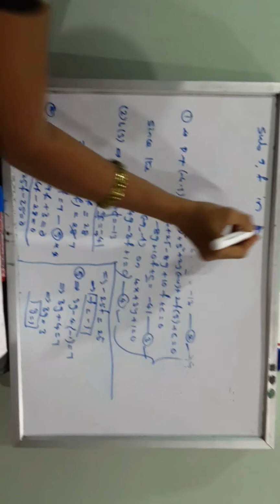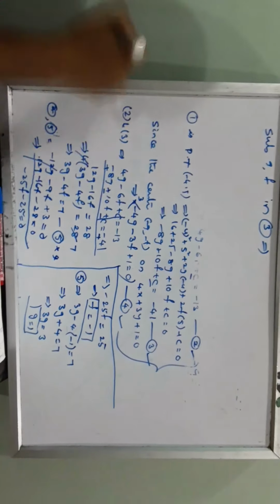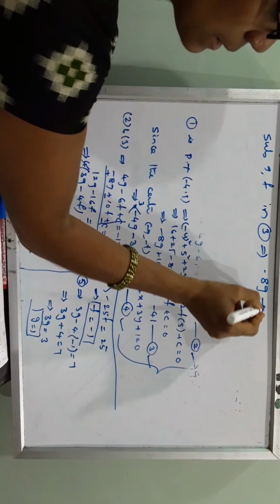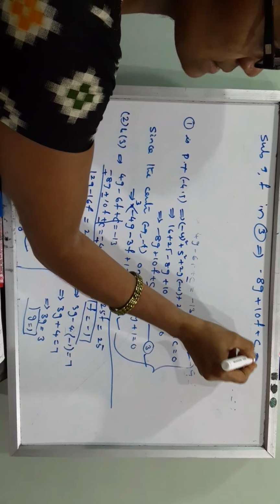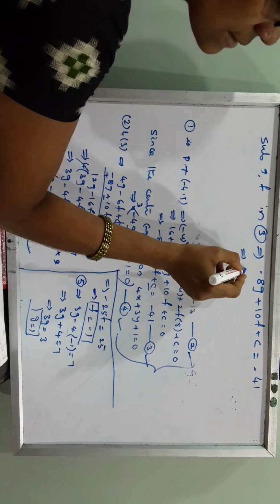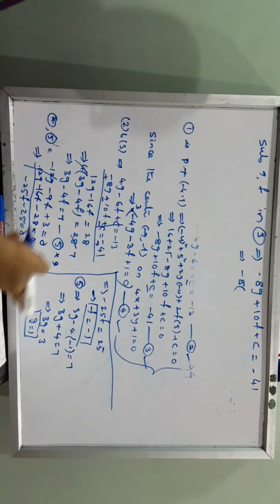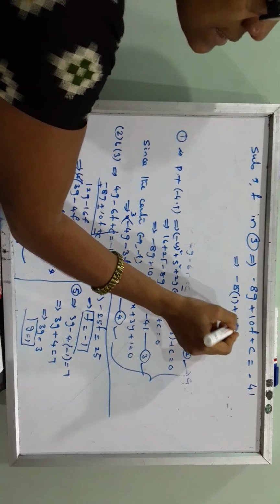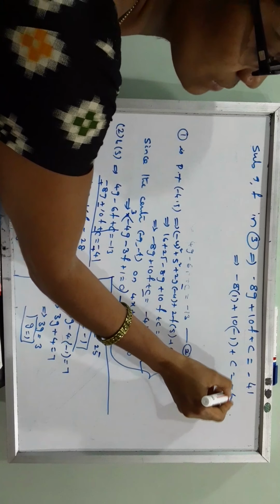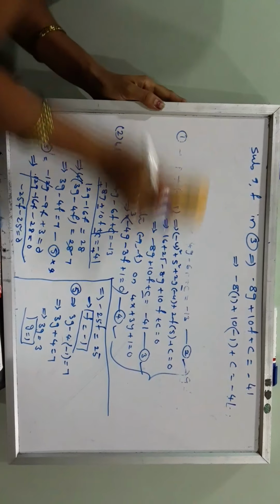Substitute g, f in equation 3, which is minus 8g plus 10f plus c is equal to minus 41. This implies minus 8 into 1 plus 10 into minus 1 plus c is equal to minus 41.